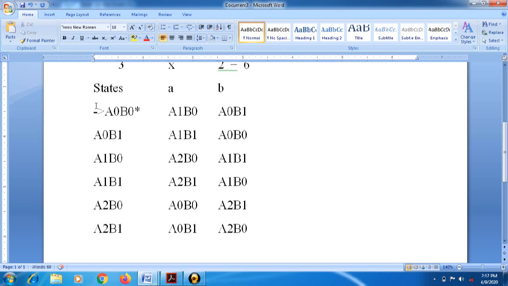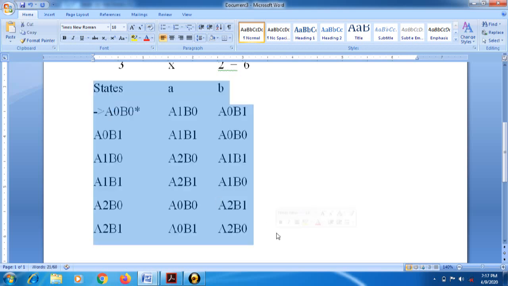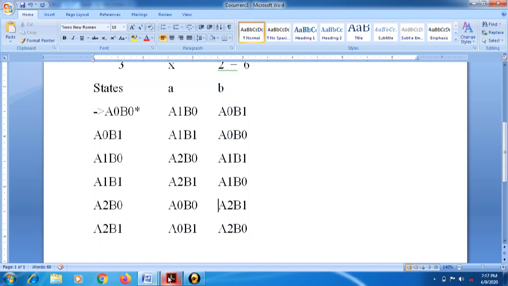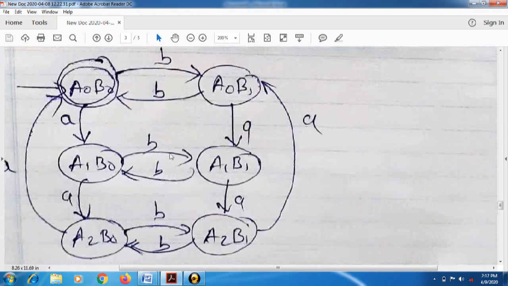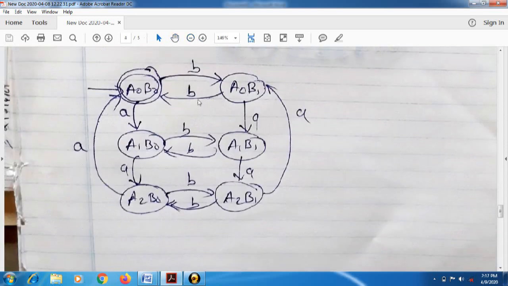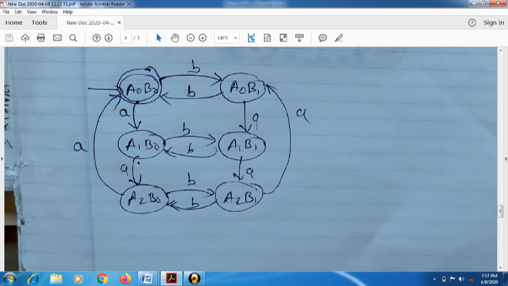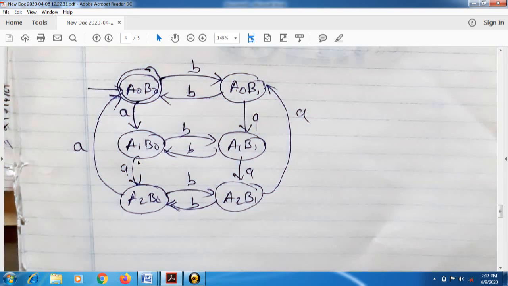So this is the transition table for our example. So now we will see its diagram. So this is the diagram for the strings of A's and B's, where A mod 3 is equal to 0 and B mod 2 is equal to 0. So this is the transition diagram for the given example.